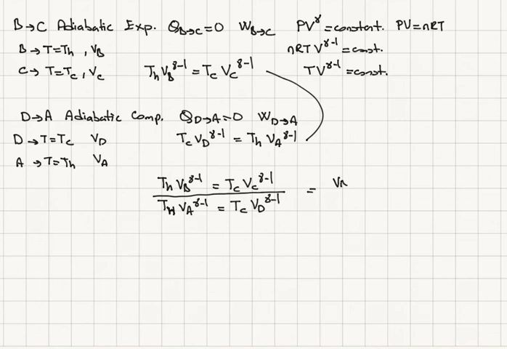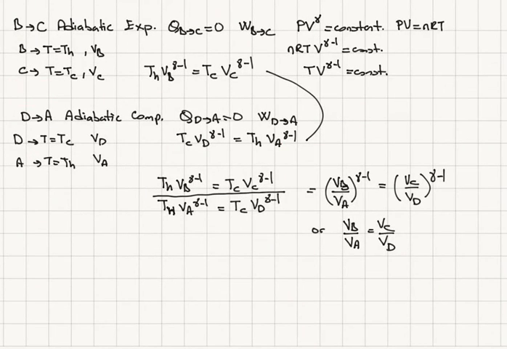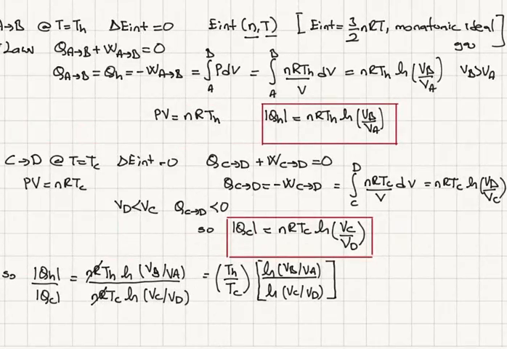I will find Vb over Va to gamma minus 1 is Vc over Vd to gamma minus 1, or I find that the ratio Vb over Va is equal to Vc over Vd. Now what did I need? Vb over Va natural logarithm divided by Vc over Vd natural logarithm. So natural logarithm of Vb over Va is equal to the natural logarithm of Vc over Vd.